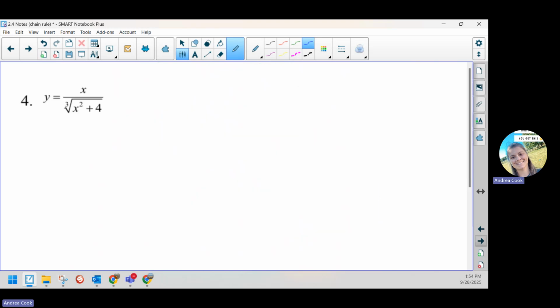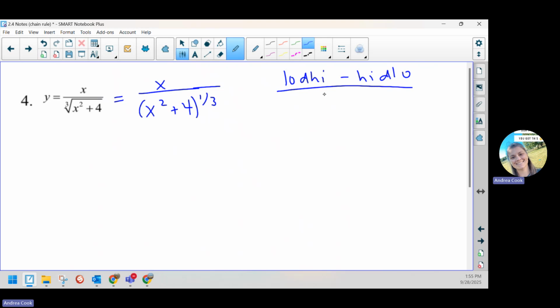Okay, now example 4. So now the big picture is quotient rule. So we're going to have to do quotient rule. Again, I'm going to rewrite this using fractional exponents. And now we're going to be doing low d high minus high d low all over low low.